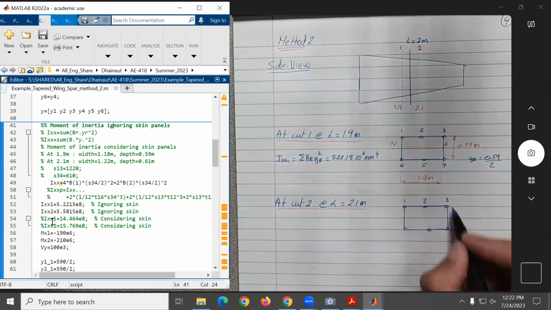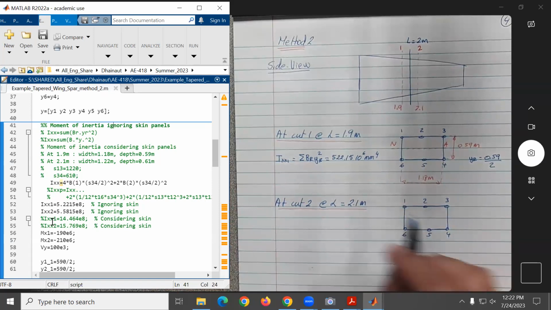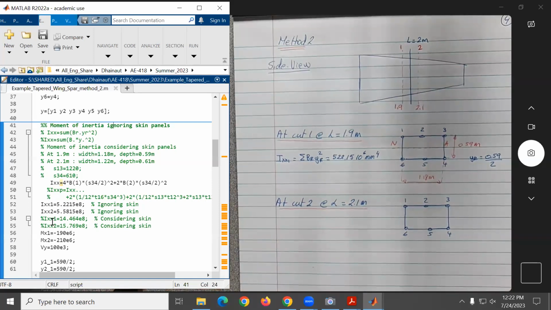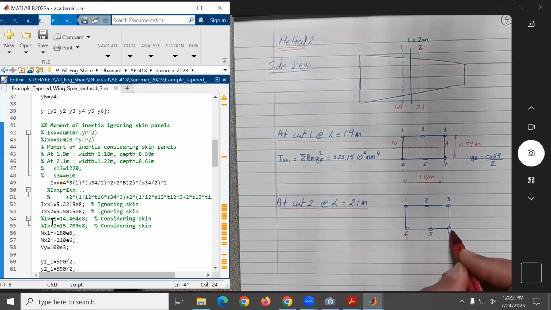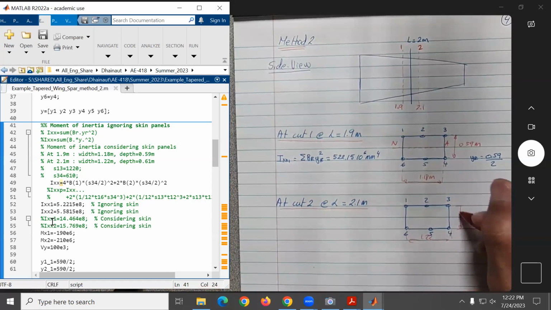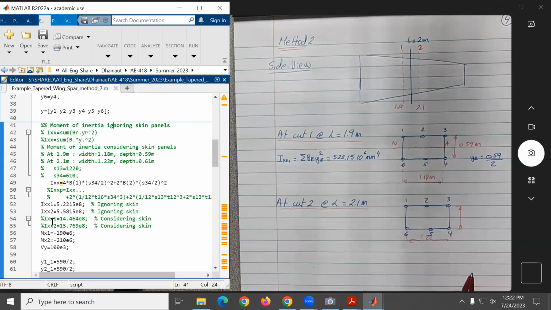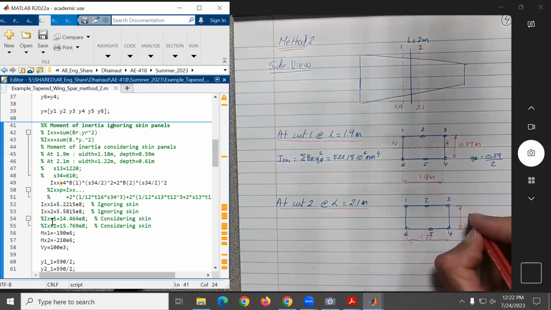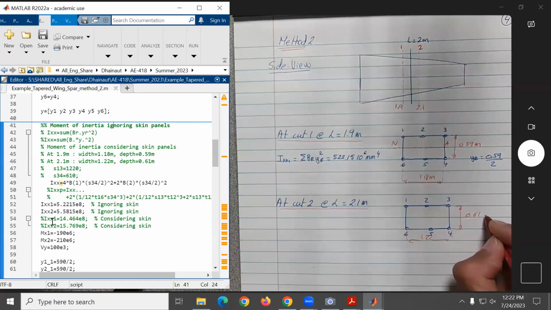One, two, three. Okay, so for this one, what did I say? I have 1 point. So you see, this is from the wall. Okay. 2.1, 1.22. And the height over here will be 0.61 meters.